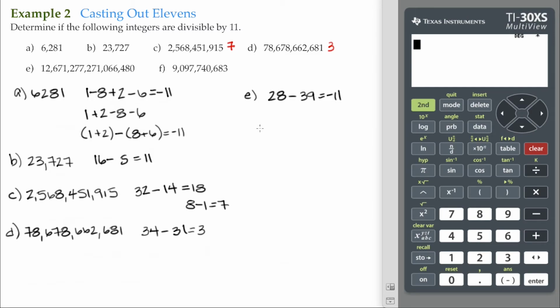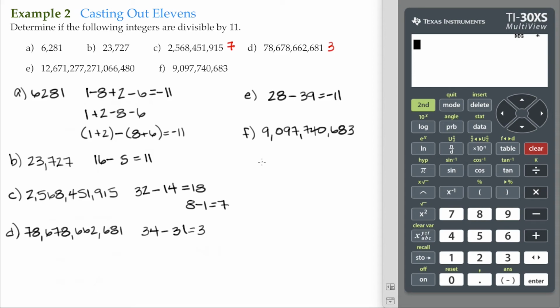And finally for F, 9,097,740,683. The rightmost digit, count back every other one. 3 and 6 is 9. 4 more, that's 13. 7 more, that's 20.